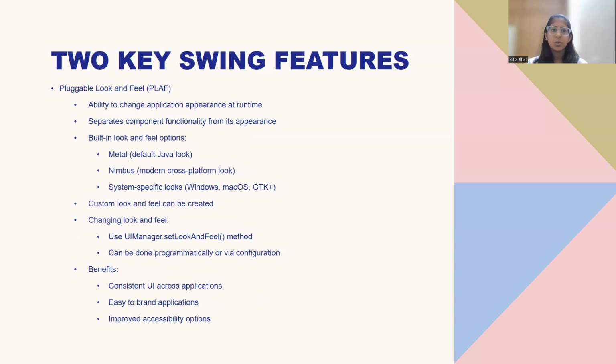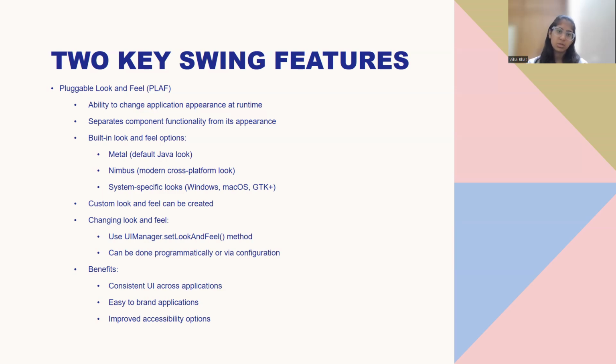The second one was pluggable look and feel, or PLAF. It was the ability to change application appearance at runtime, separating component functionality from its appearance. The built-in look and feel options are Metal, which is the default Java look, Nimbus, the modern cross-platform look, and system-specific looks based on Windows, Mac OS, etc. A custom look and feel could also be created.